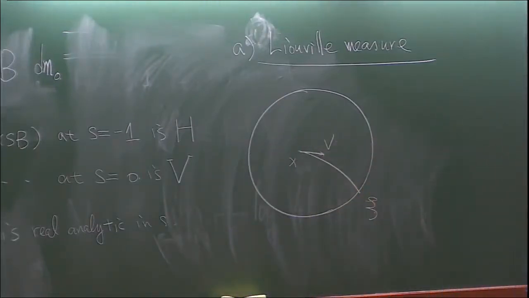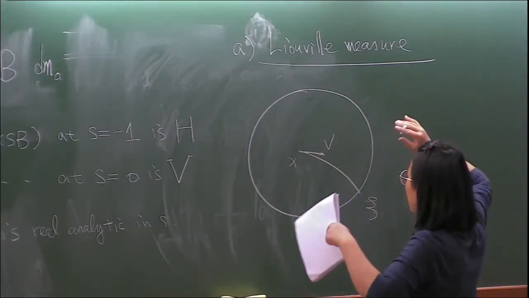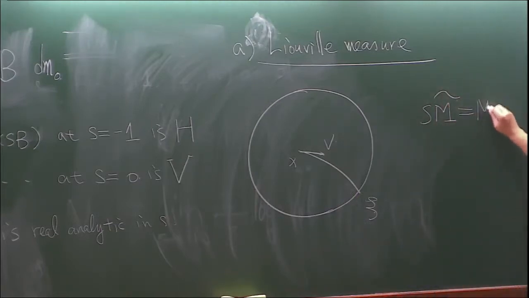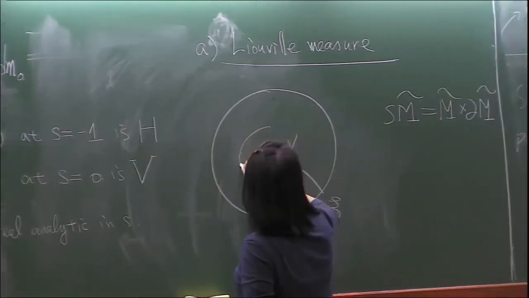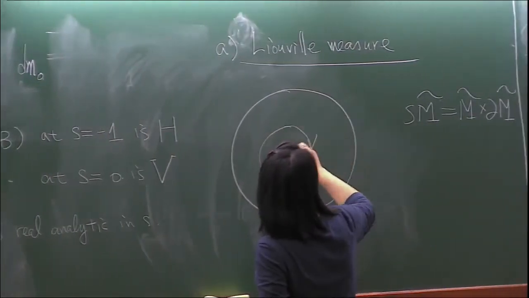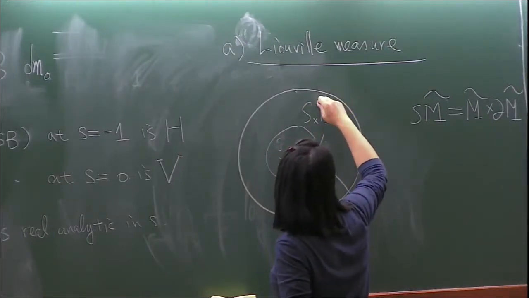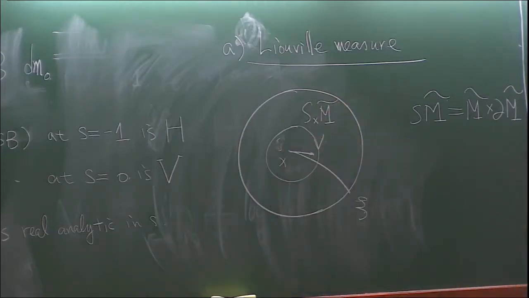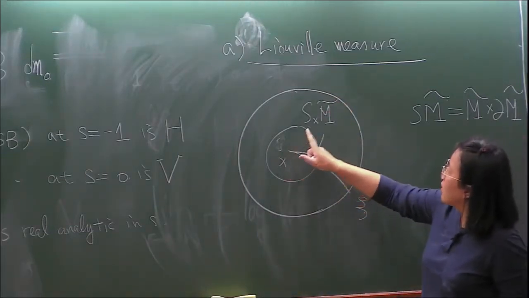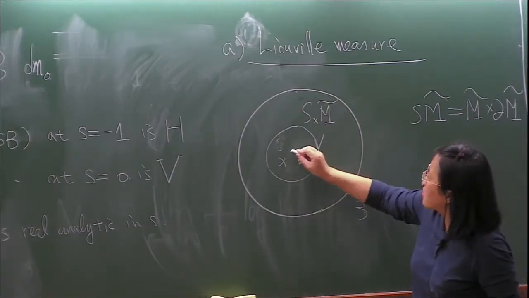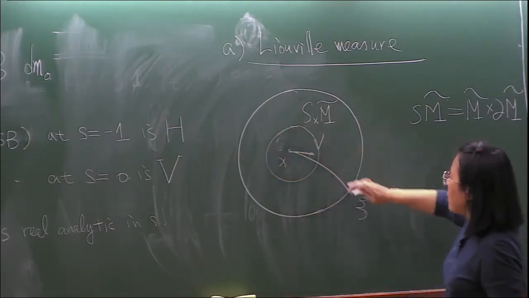So the Lebesgue measure is just a volume. And if you go upstairs, SM tutor, since we already identified this with M tutor times the boundary, so it's a volume. Here you have the unit tangent bundle at x, so you will have a Lebesgue measure.